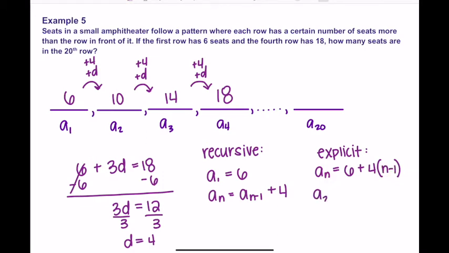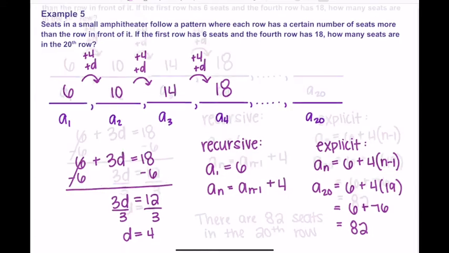So a sub 20 is 6 plus 4 times 19, which equals 6 plus 76. And that gives you a total of 82. So there are 82 chairs in the last row.